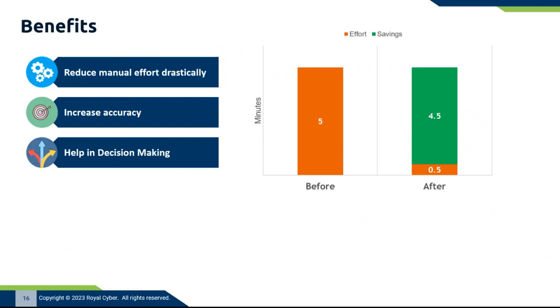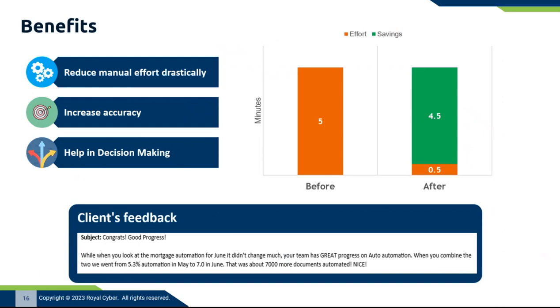There's a client testimony that I've put here. Within 3 months, we were able to take their automation rate from 0 to 5.3%, and till now it has come to 9%.